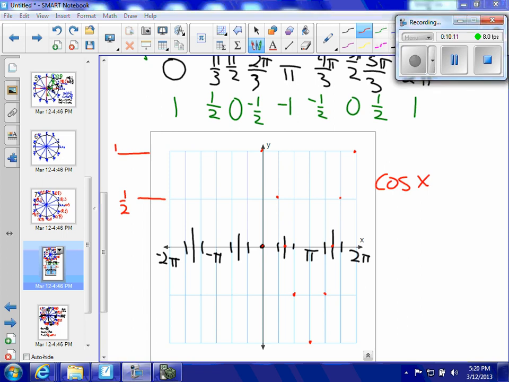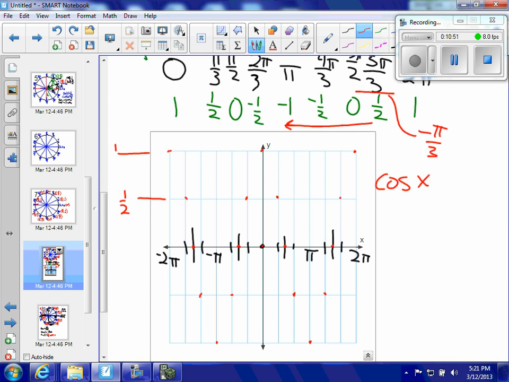Now I'm going to work it backwards as if I was going negative angles, because I know that the angle 5 pi over 3 is the same as negative pi over 3. So I go 1/2, and my next spot is 0, and my next spot is negative 1/2, and my next spot is negative 1. I'm just going backwards this way: negative 1, negative 1/2, 0, 1/2, and 1.